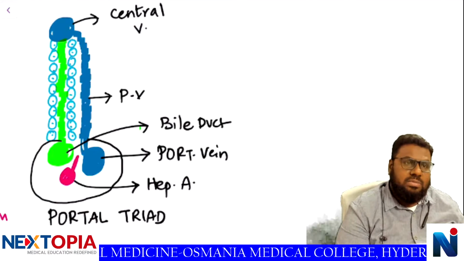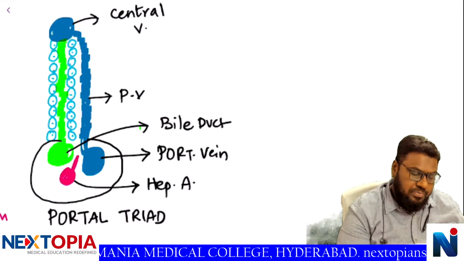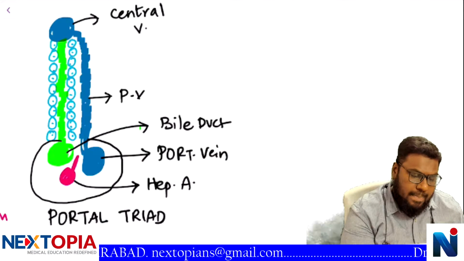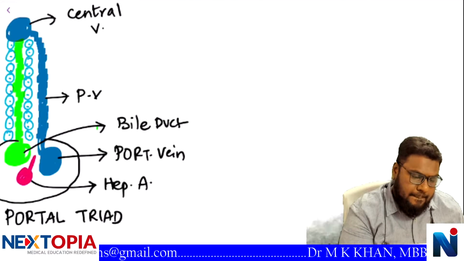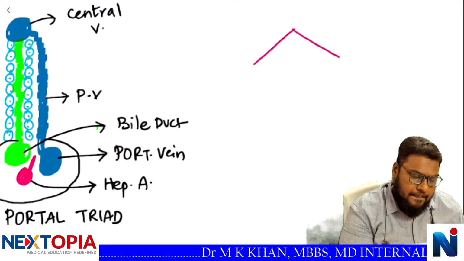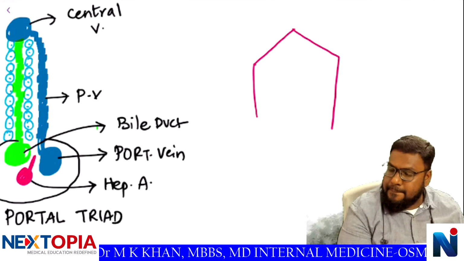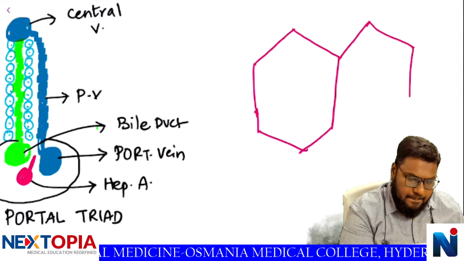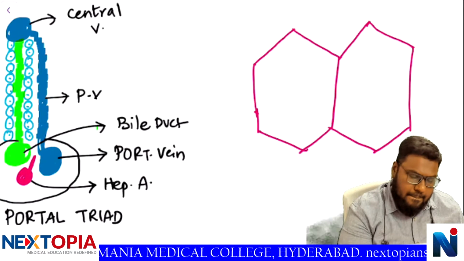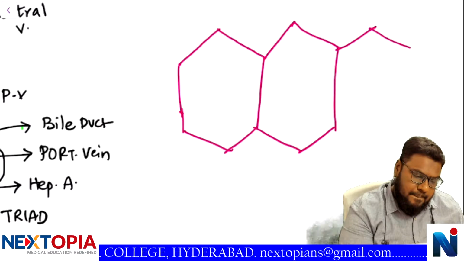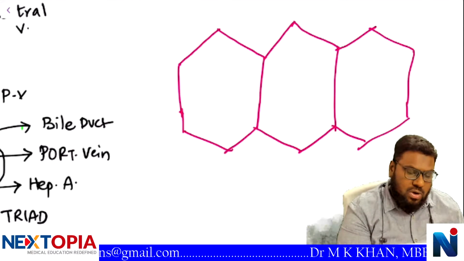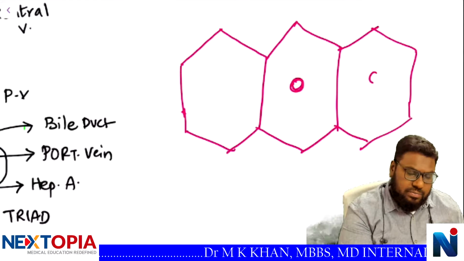Now, if you see the arrangement of these cells in the form of a hepatic lobule, it's something like this. All right, each of this lobule will have a central vein like this here.